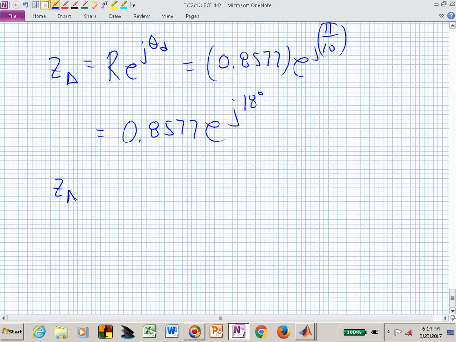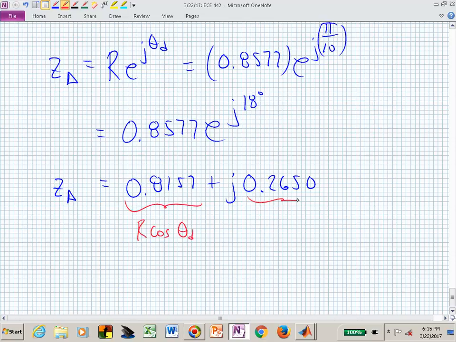And I can now say that z delta is 0.8577 cosine of 18, which is 0.8157 plus j 0.8577 times the sine of 18, which ends up being 0.265, where this is my r cosine of theta sub d, and this value is r sine of theta sub d.